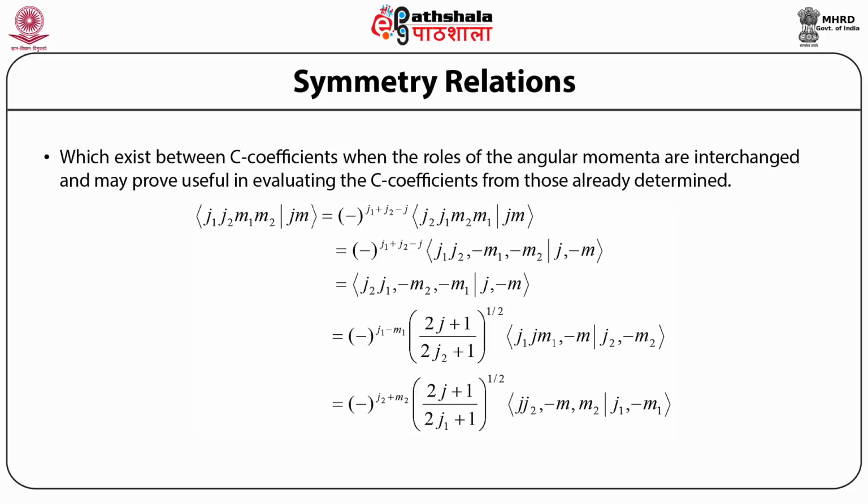This can also be written in the form of another Clebsch-Gordan coefficient as minus 1 to the power j1 plus j2 minus j times bra vector j1 j2 minus m1 minus m2 ket vector j minus m. In terms of a third Clebsch-Gordan coefficient, we can write this as equal to minus 1 to the power j1 plus j2 minus j times bra vector j2 j1 minus m2 minus m1 ket vector j minus m.